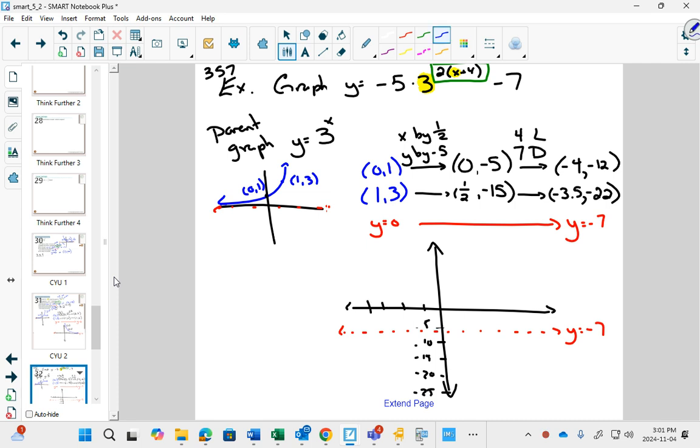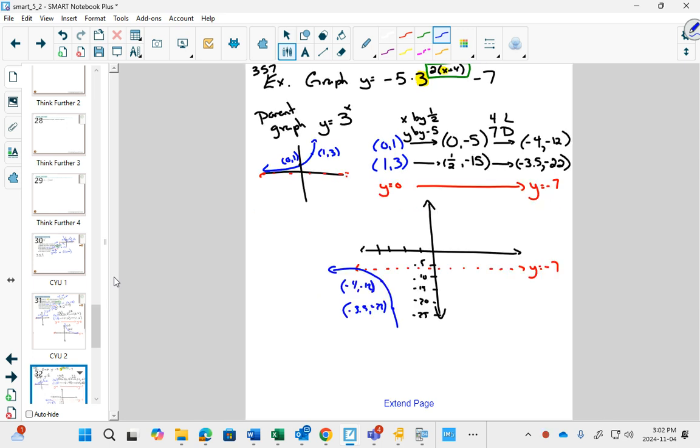I'm going to have a point at negative 4, negative 12, and another point at negative 3.5, negative 22. Smartboard's not liking the brackets. That's so weird. Okay. With those points, it's increasing from here to here, so to go towards the asymptote that way, and down in that direction.